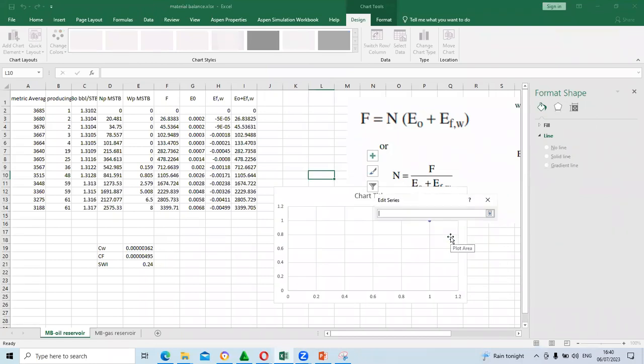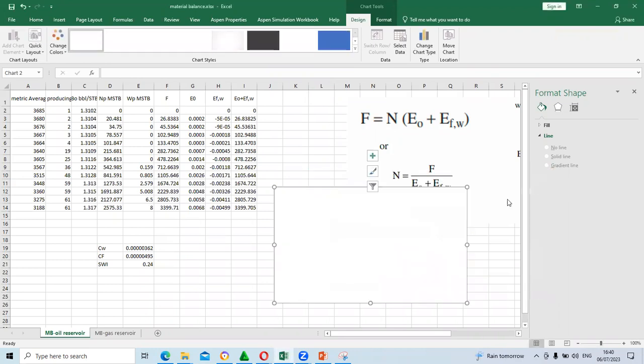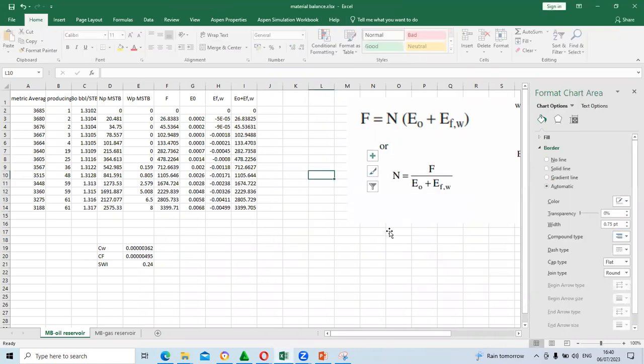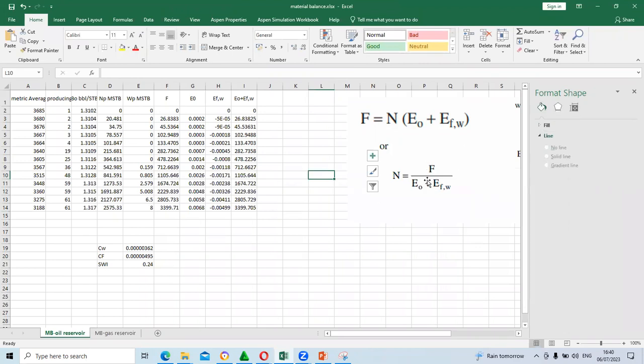We go to the x-axis. We select this quantity. No. Oh, please. Yes, we are supposed to calculate F divided by all of these. So we have this particular quantity that is lacking.